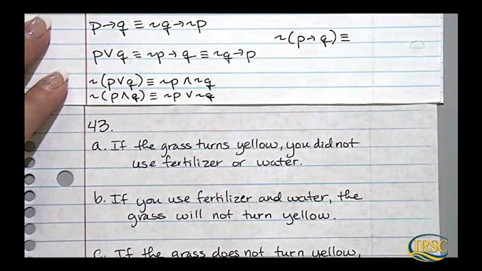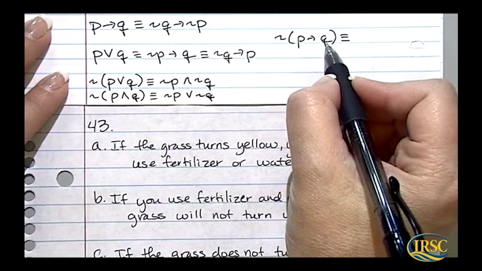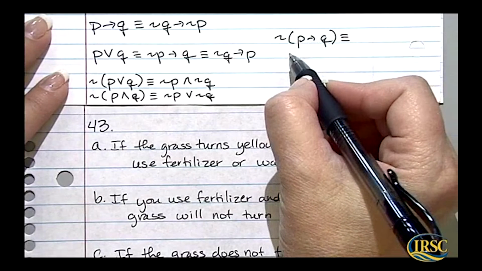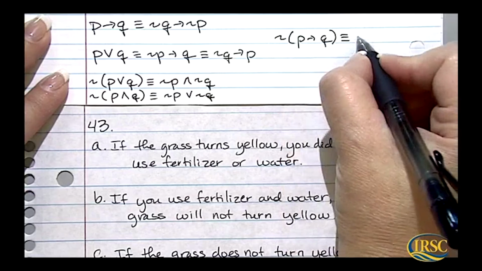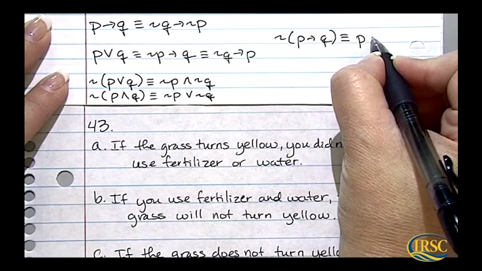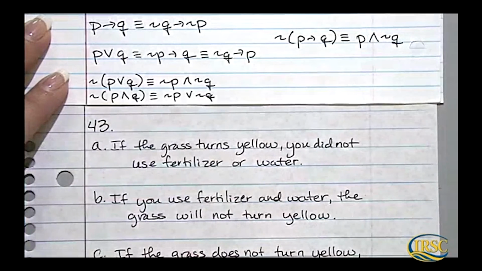Okay, if you're trying to negate an if-then, then how do you write it? So remember, the only time an if-then is false is when the first part is true and the second part is false. So if you keep the first part the same, or true, and the other one's false, then there's your negation of an if-then.